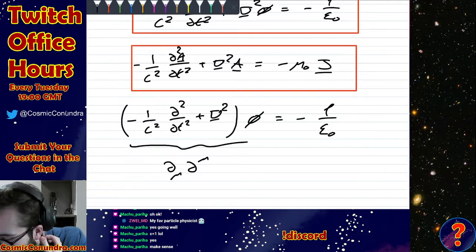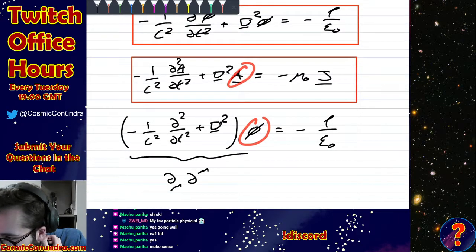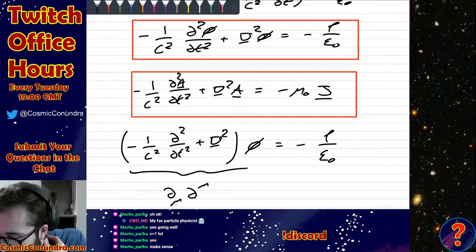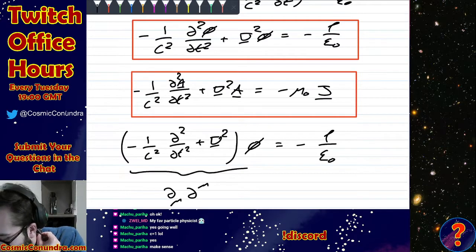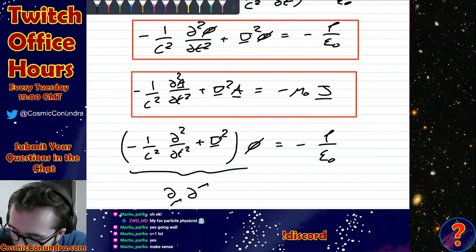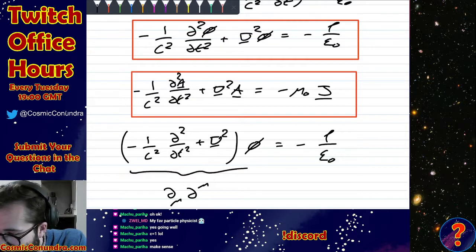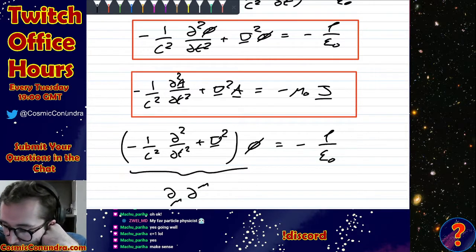But what I don't know is about phi and about A. These things I expect won't transform as Lorentz vectors or as Lorentz scalars. So phi is a scalar and rho is a scalar, but these things are not Lorentz scalars, meaning if I do a Lorentz transformation on this system, phi does not stay as phi and rho does not stay as rho.